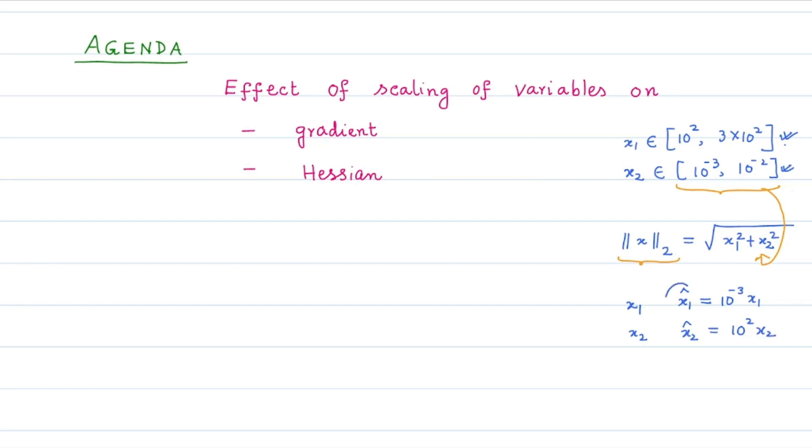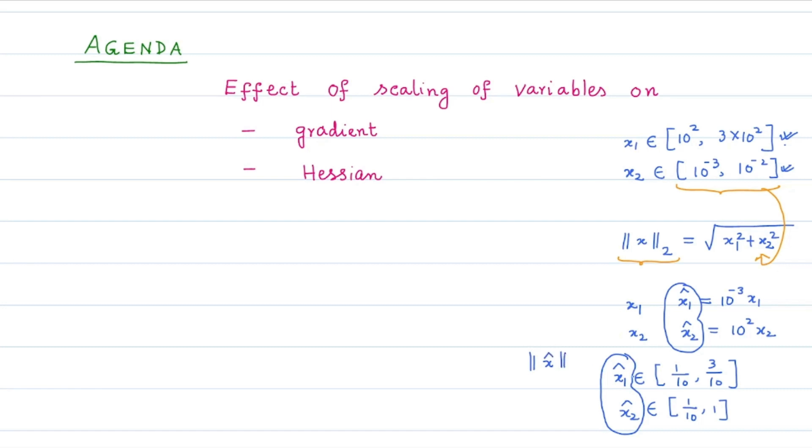Then the range of x1 hat is between 1/10 and 3/10, and x2 hat lies between 1/10 and 1. Now in these rescaled variables, if we calculate the norm of x hat, which has components x1 hat and x2 hat, we see that the value of x2 hat is no longer ignorable relative to x1 hat.